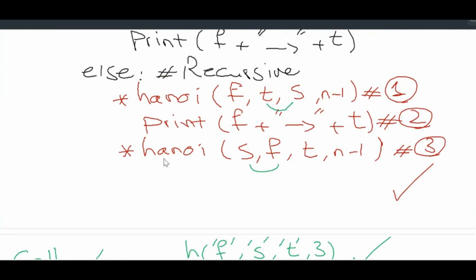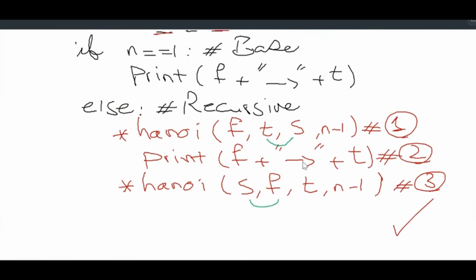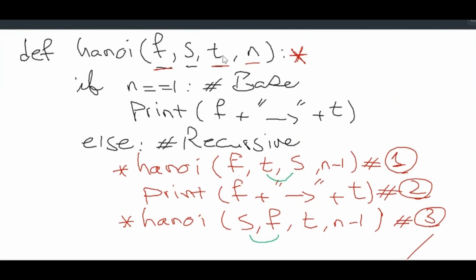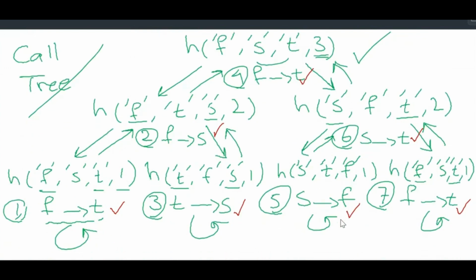I'm going to call this nested recursive call. Call the Hanoi, s and f and t and n minus 1. Now comparing with the main call, if this was f and s and t, this one is s and f and t. Means the first and the second argument are swapped and n is reduced to n minus 1. So we go here. It is f and t and s.